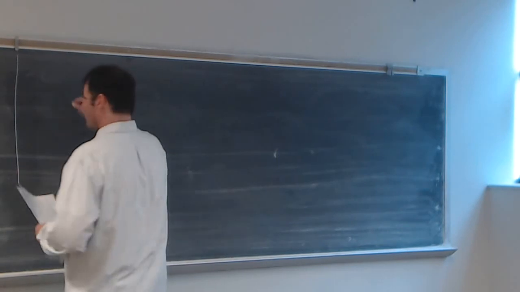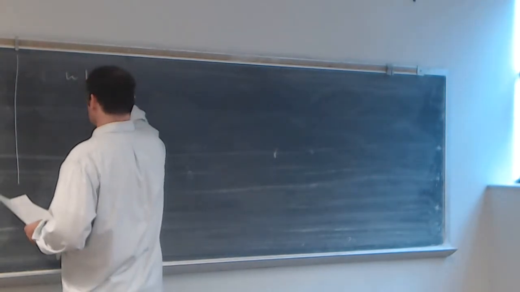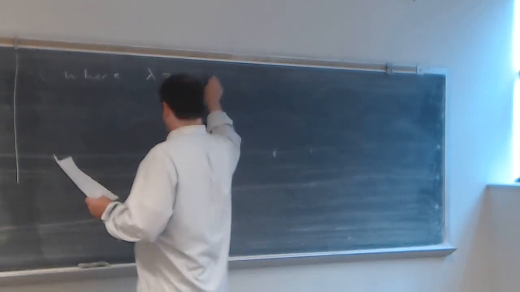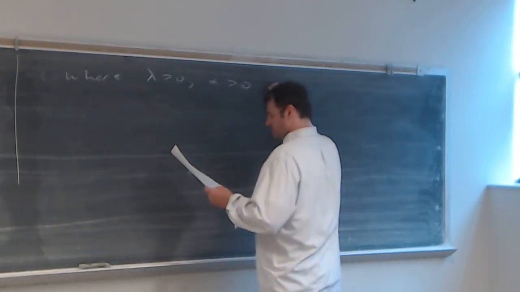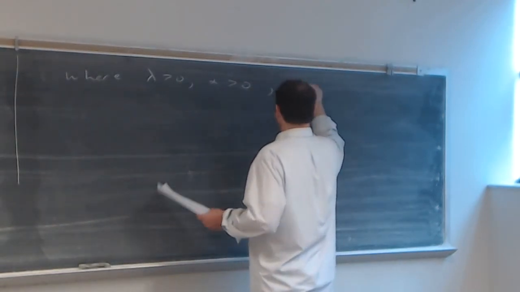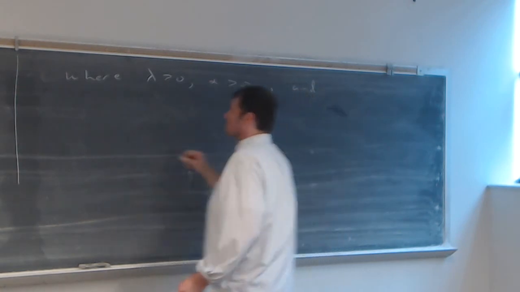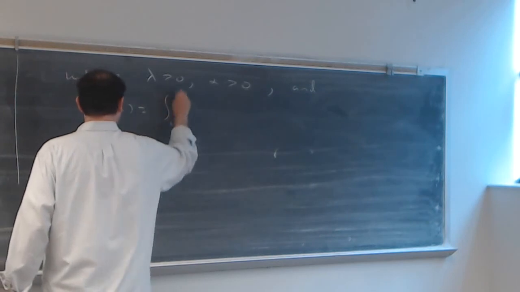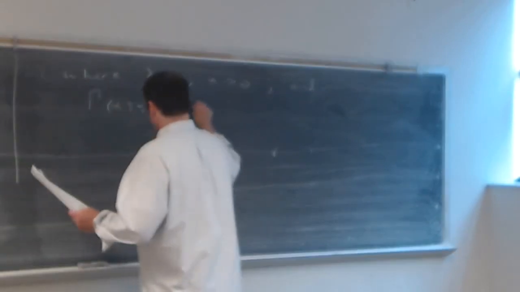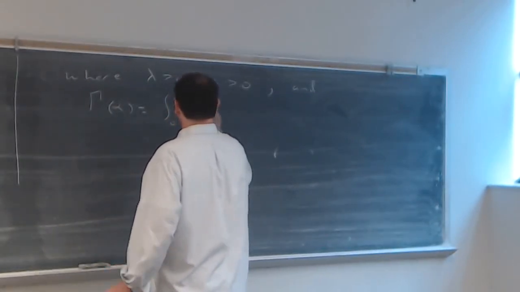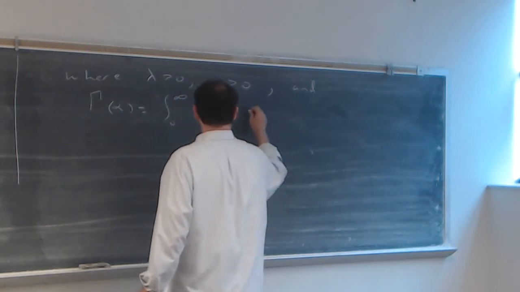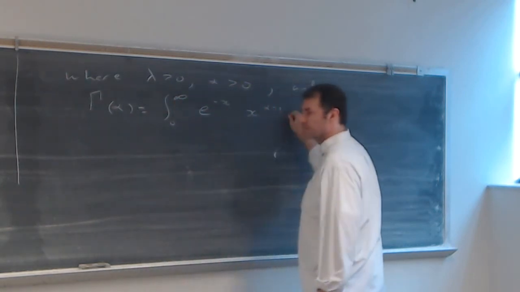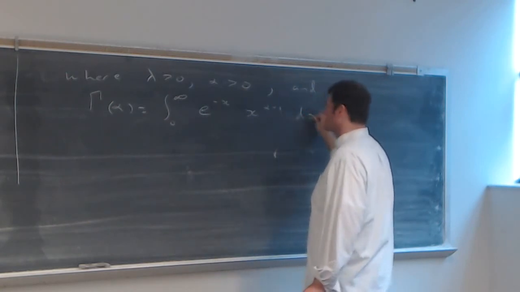So, where lambda is greater than 0, alpha is greater than 0, and gamma of alpha is defined to be the integral from 0 to infinity of e to the minus x, x to the alpha minus 1, dx.